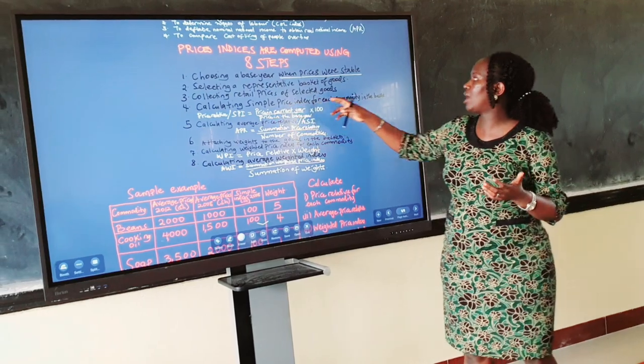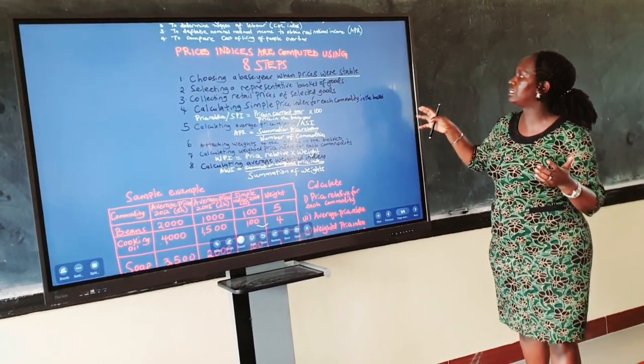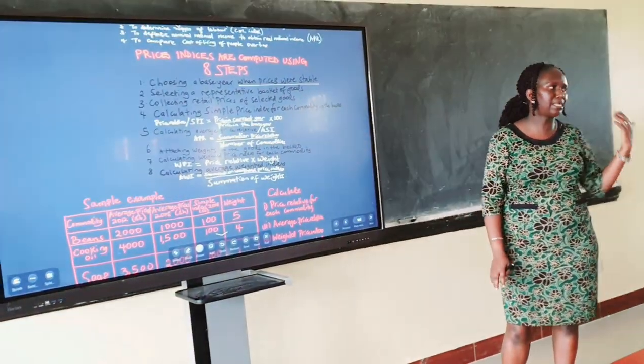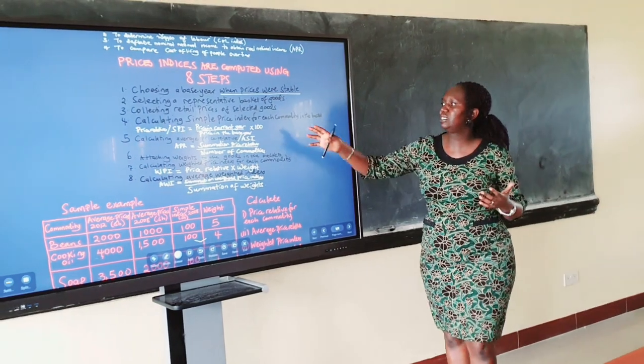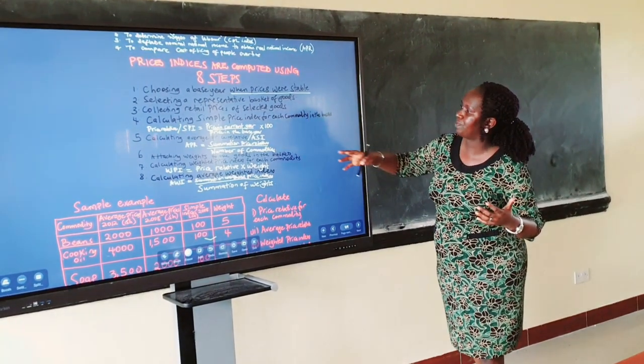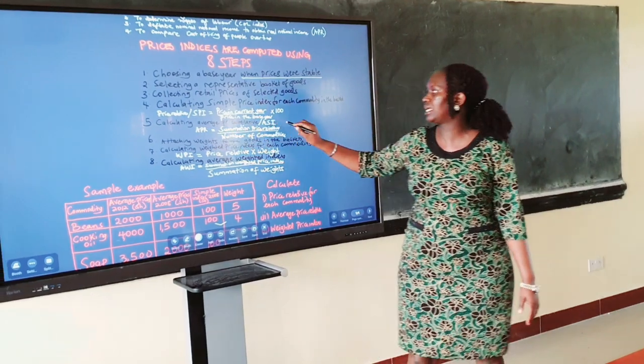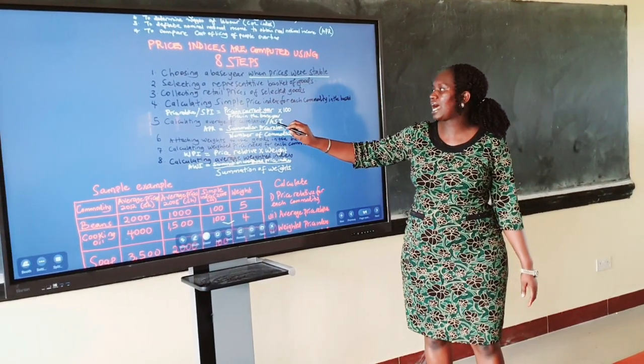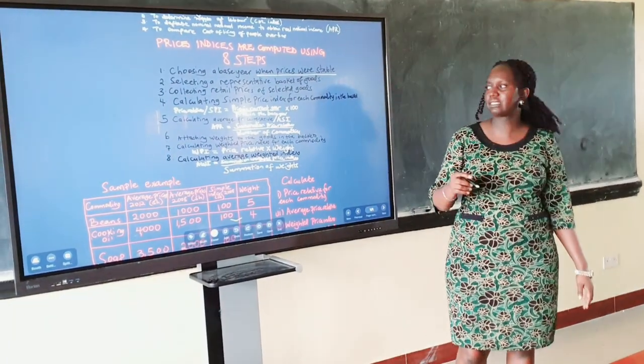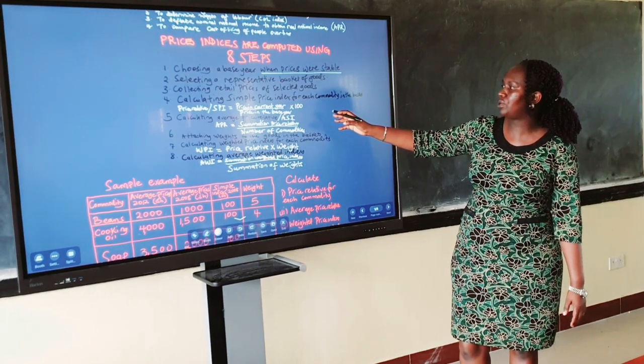Step number three, we calculate the simple price index for each commodity in the basket. And that is the formula that we use there. The next step, we calculate the average price relative, which we also call the average simple price index. And that's the formula we use.